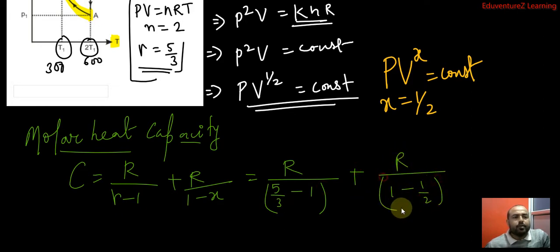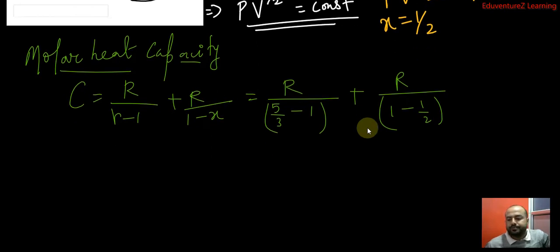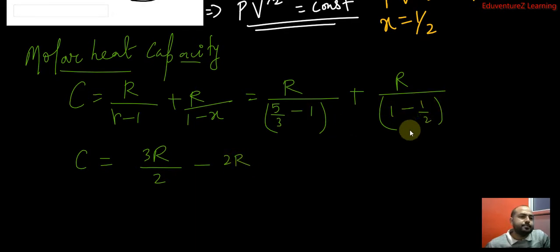Now you will get the value of C in terms of R. So this is R upon 3 by 2 minus 2R.